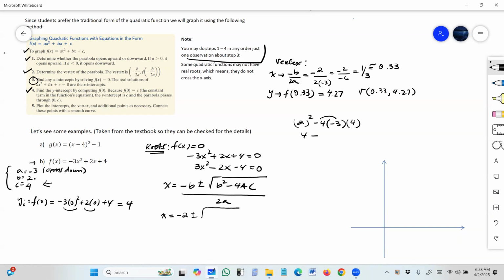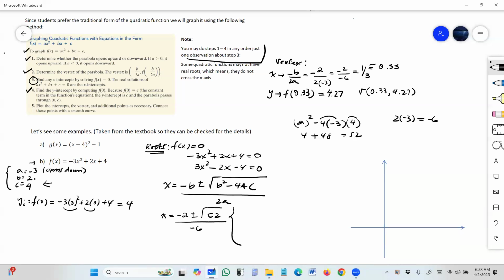This is 12 times 4, 48, or 52. So this is the square root of 52, over 2 times a, which is obviously -6.